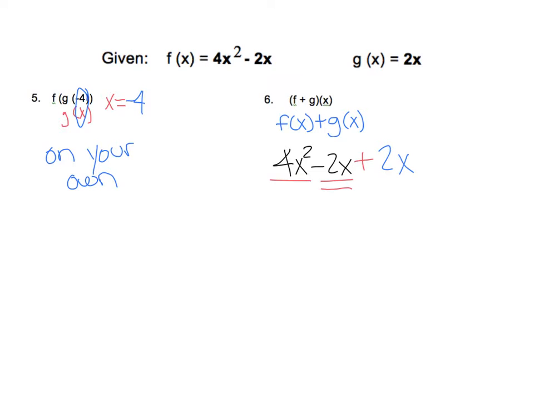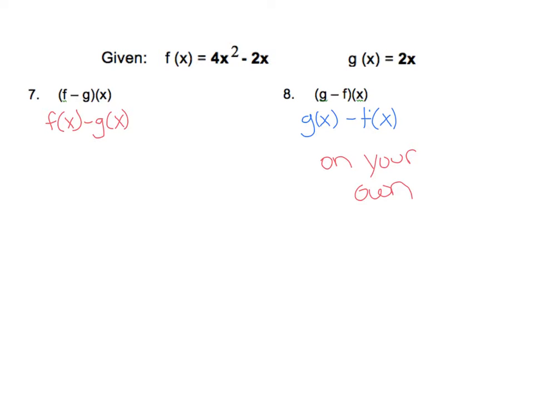Then I have this -2x, and I do have another term that has just an x, so we can actually combine those together. So that will come down because we're not combining it with anything, but a -2x plus 2x ends up canceling out to 0, so we're actually only left with the answer of 4x squared.